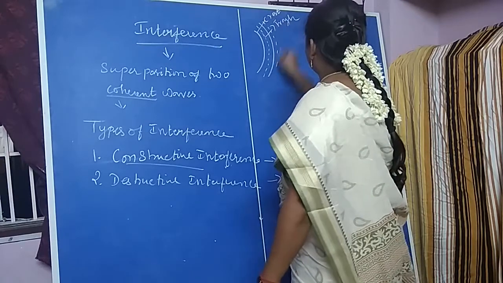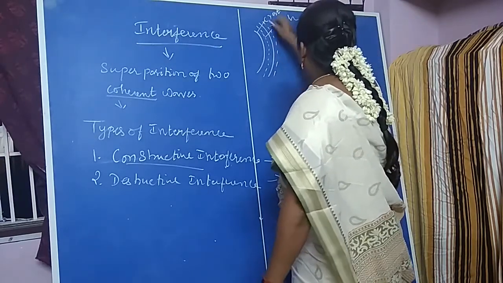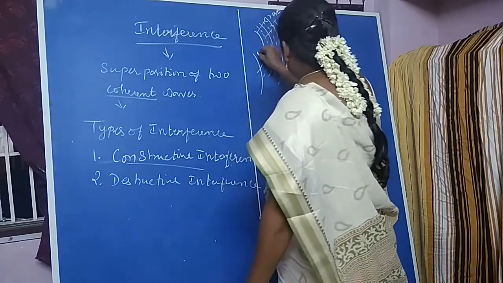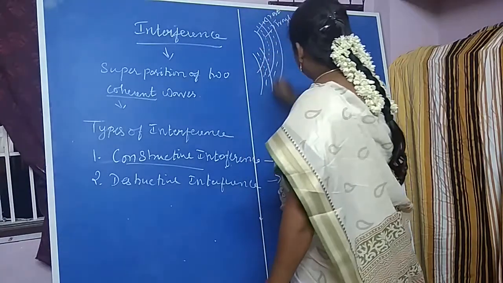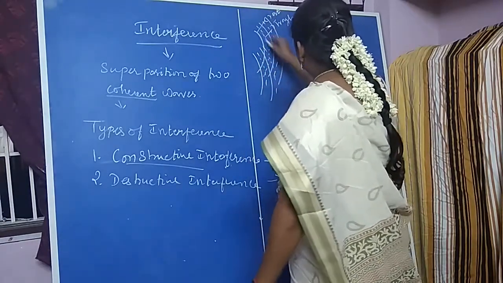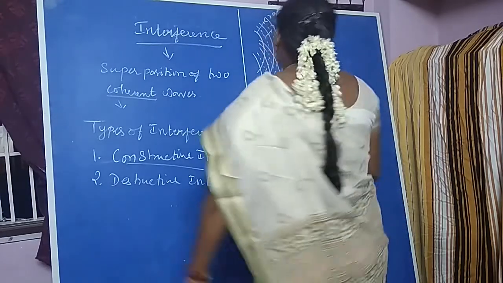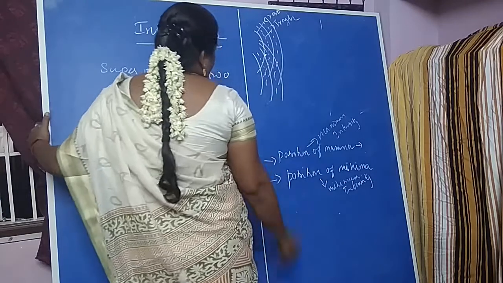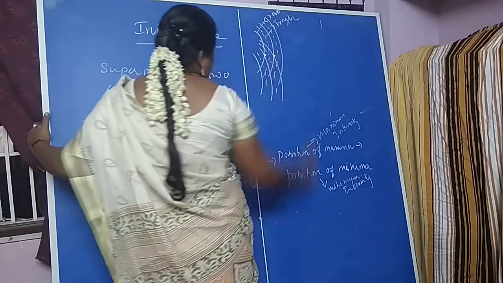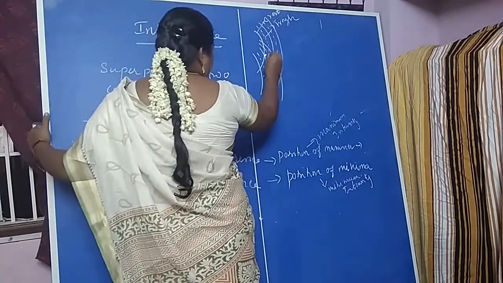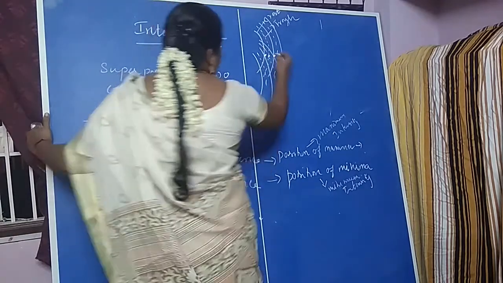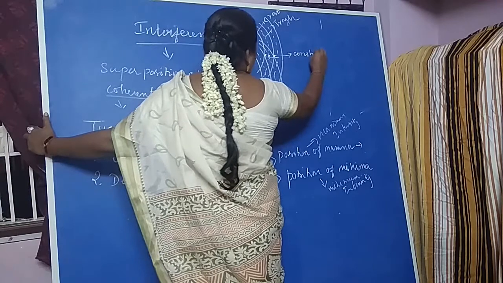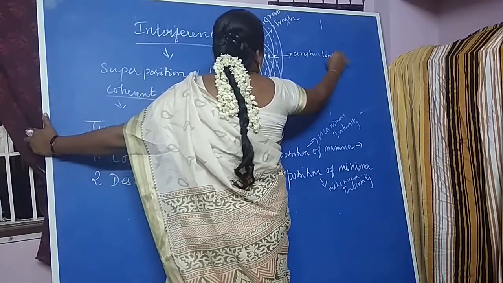So we have the spherical wave, and another wave. Here we see the crest meets the crest. Here also we get crest meets crest. Again here trough meets trough. So these three points will have constructive interference.